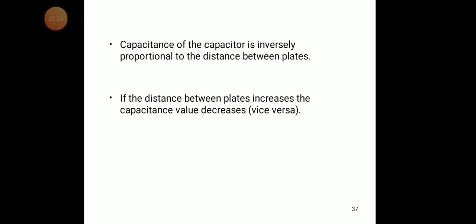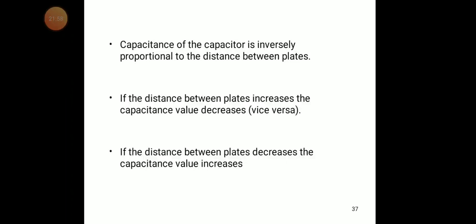So if the capacitor's plate area increases, the capacitance value automatically increases. If the distance between the two plates increases, the capacitance value decreases. The meaning is, if the capacitor plates are nearer, then the capacitance value is high. If the distance between plates decreases, the capacitance value increases, as I mentioned.